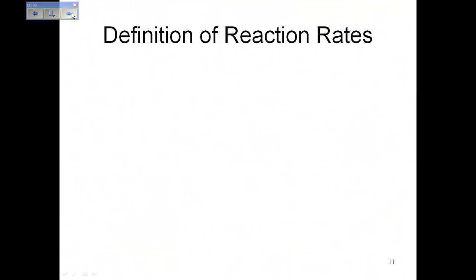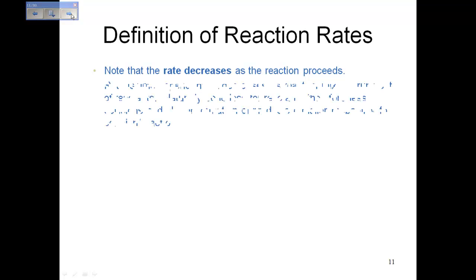Let's try to sum up some of the things I said. First off, note that the reaction rate decreases as the reaction proceeds. That's important to realize. The reaction slows down over time, therefore rate is time dependent. It's also concentration dependent as well.